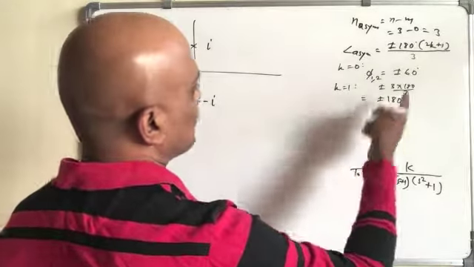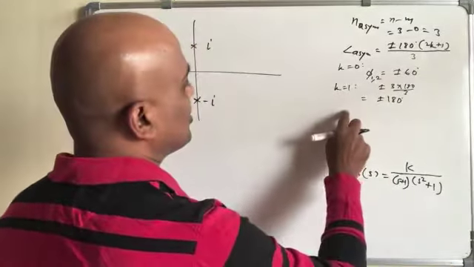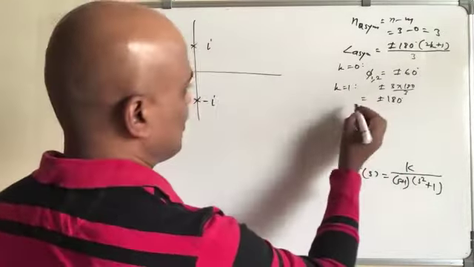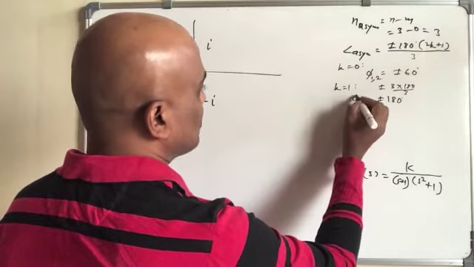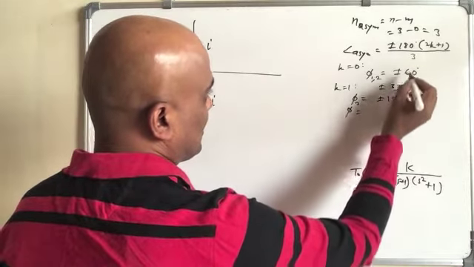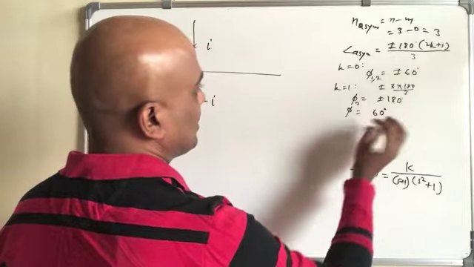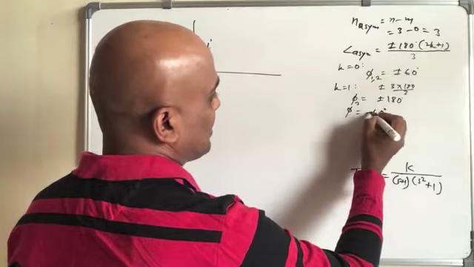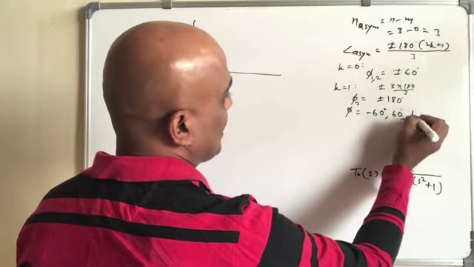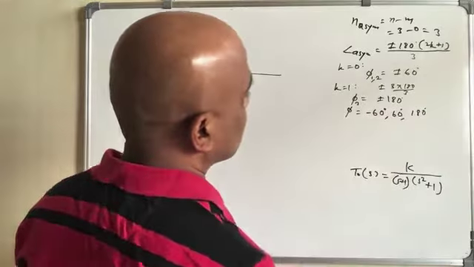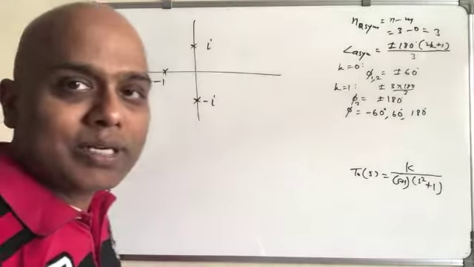K equal to 2 is going to repeat this only. So phi tells you 60 degree, minus 60 degree and 180 degree. So all 120 degree apart.